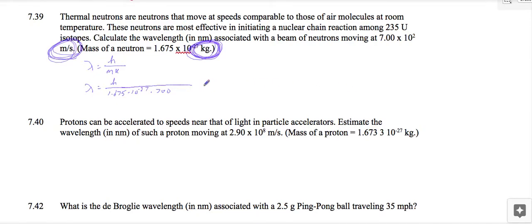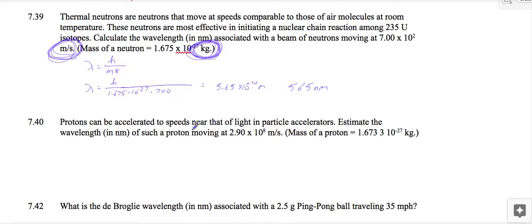Once you have those, you can calculate, and it turns out to be 5.65 times 10 to the minus 10th meters, negative 10th meters, or 565 nanometers.